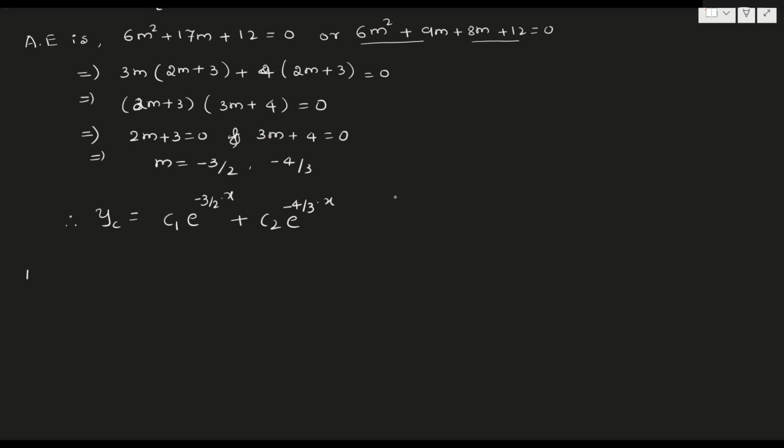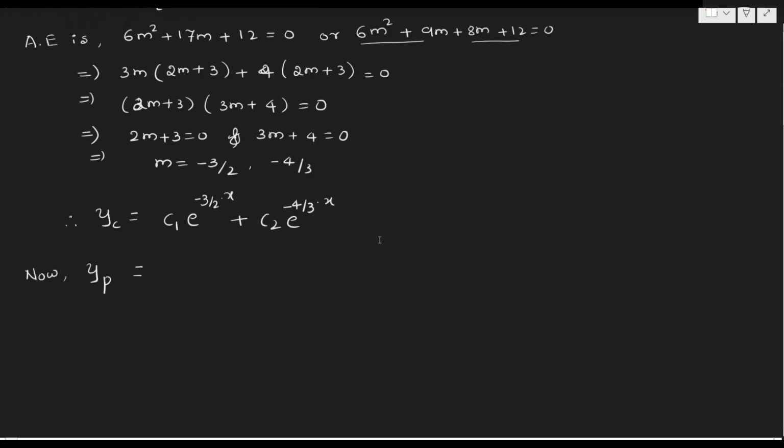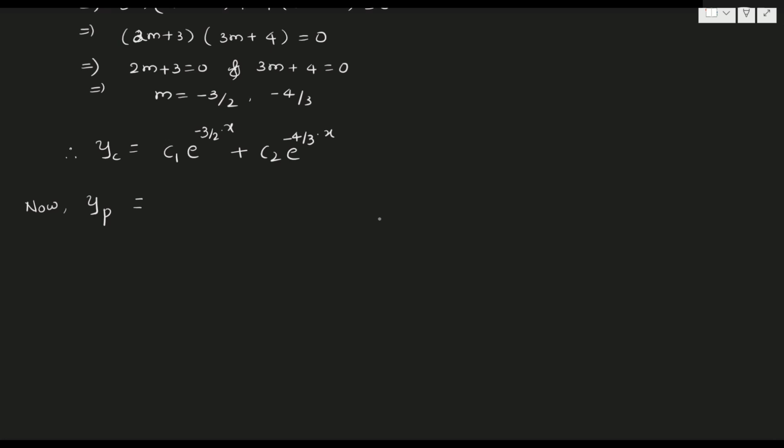Now our aim is to find the particular integral. As I said in the last class, what is the rule? If your function is of the type particular integral e raised to ax by f of D, then how do you write yp? The given function on the right hand side is e raised to minus x.